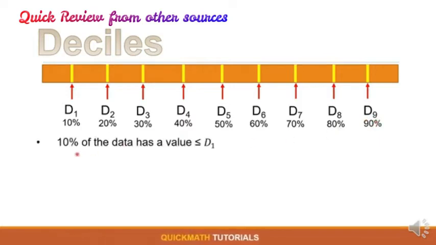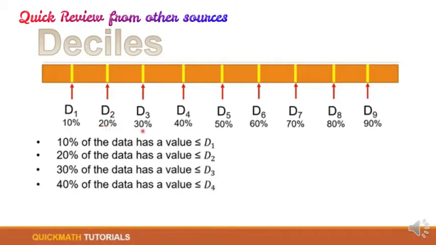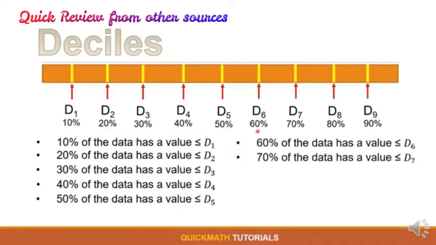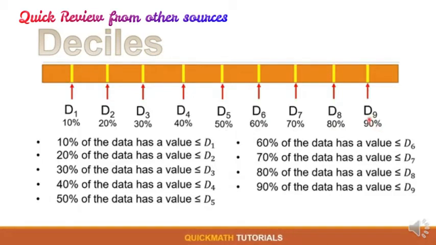This also means that 10% of the data has a value less than or equal to D sub 1. 20% of the data has a value less than or equal to D sub 2. You have 30%, 40, 50, 60, 70, 80, and 90% of the data has a value less than or equal to D sub 9.